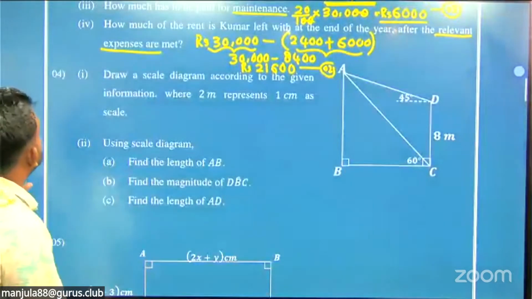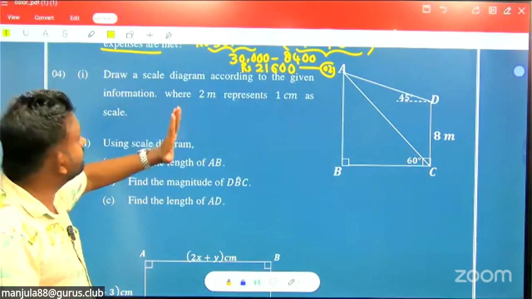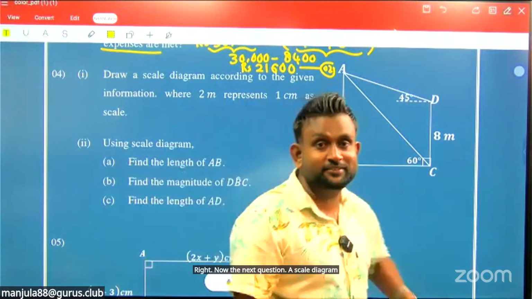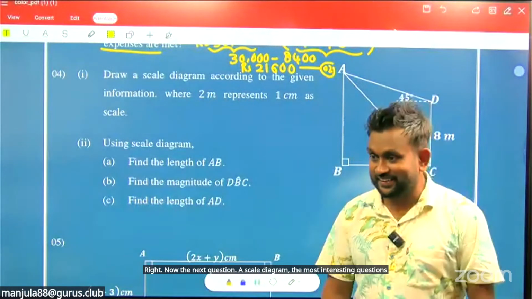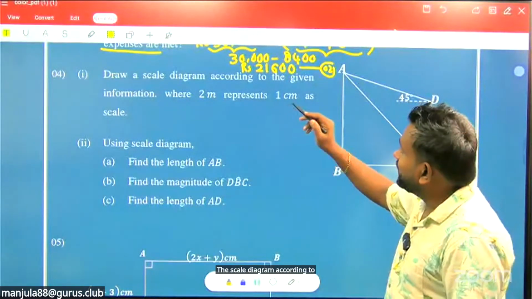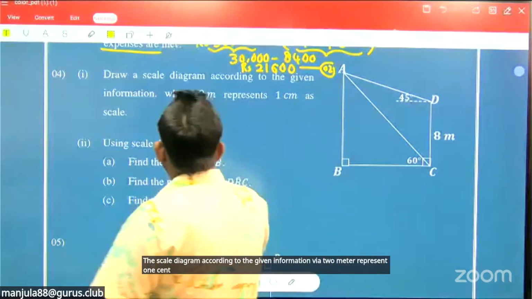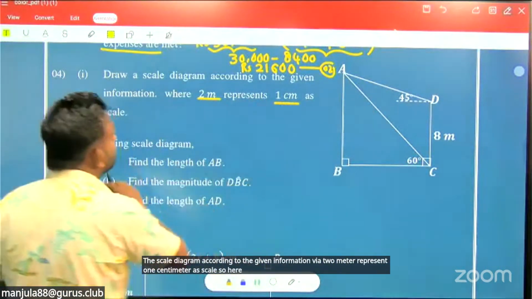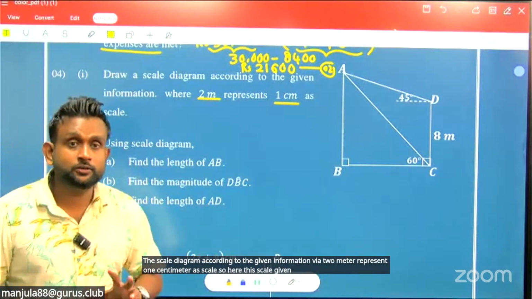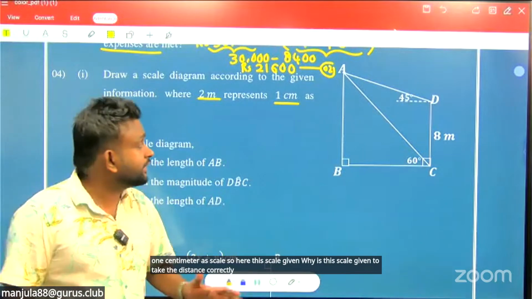Right, now the next question. Draw a scale diagram, the most interesting question to students. Draw the scale diagram according to the given information, where 2 meters represent 1 centimeter as the scale. Why is this scale given? To take the distances correctly according to the scale.